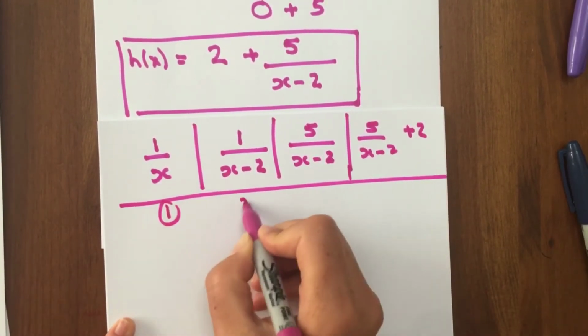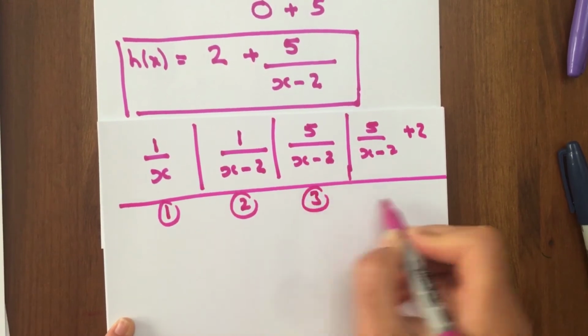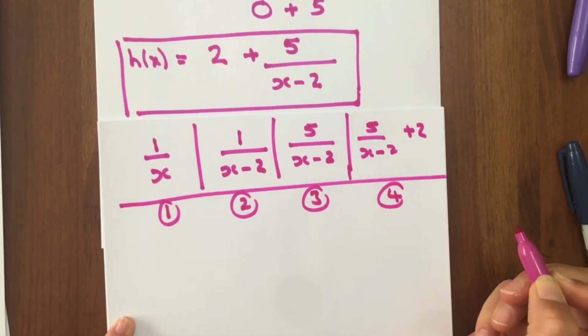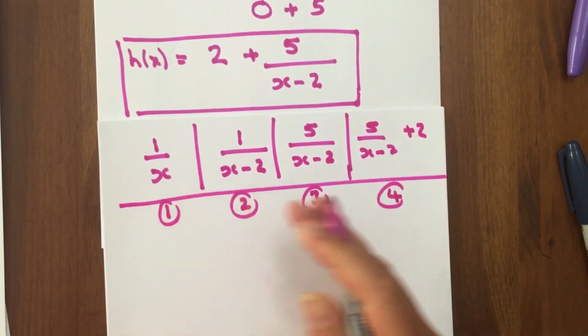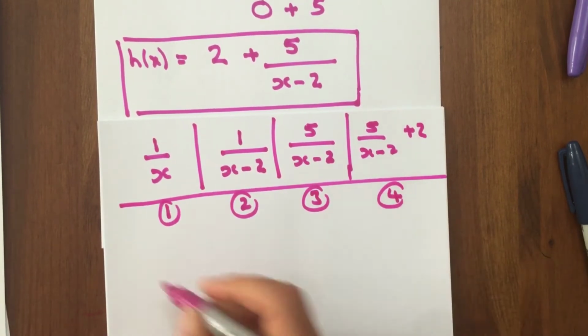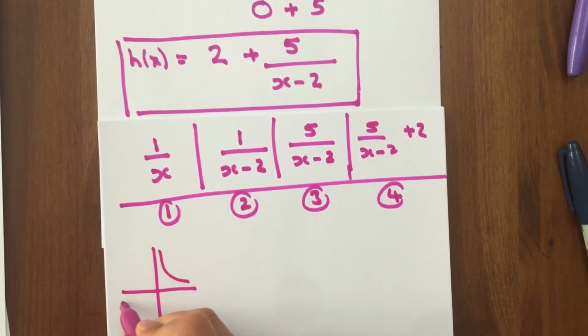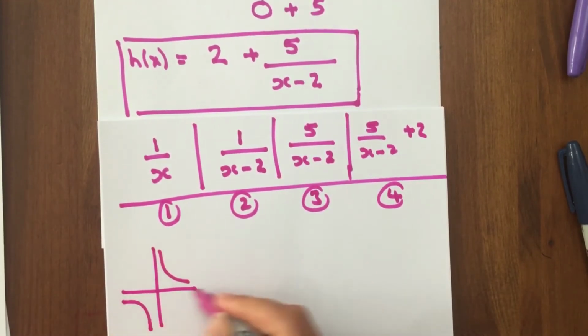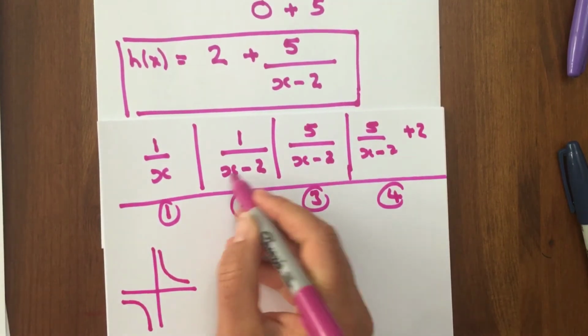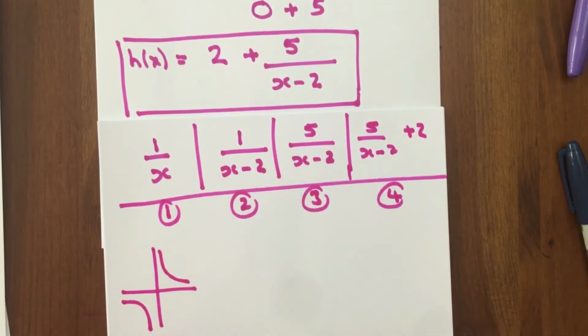Stage 1, 2, 3, 4, to sketch the graph. These 4 different transformations. So 1 over x is this curve. You should know that, the reciprocal. Asymptotes on the x and y axis. Right, I can call this a new function f of x.